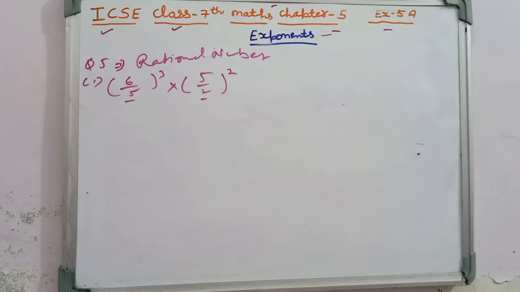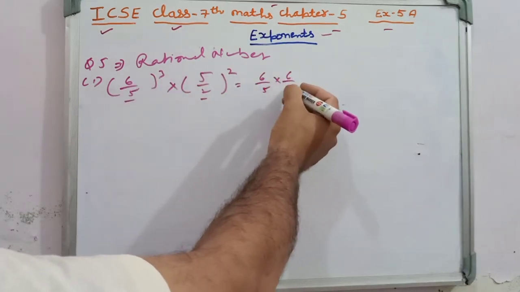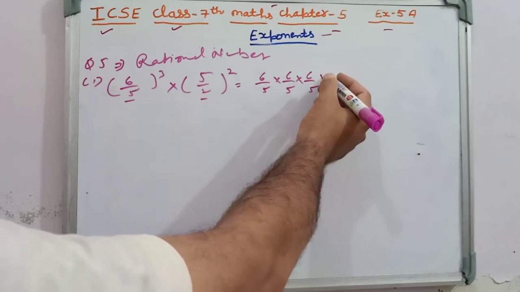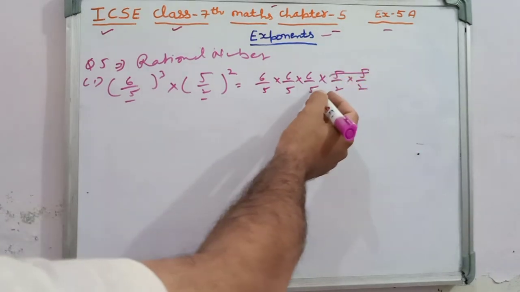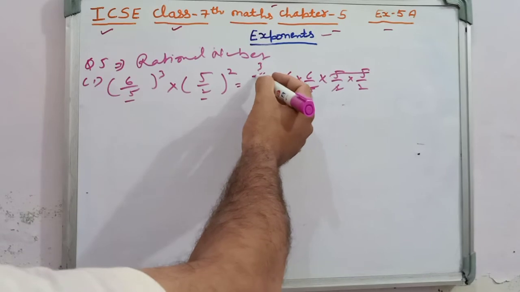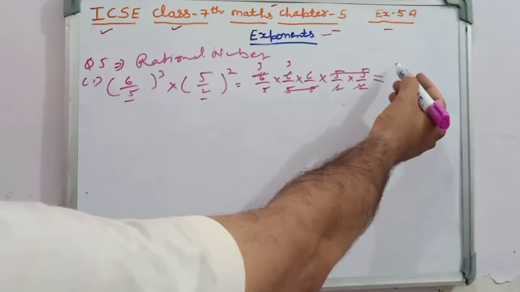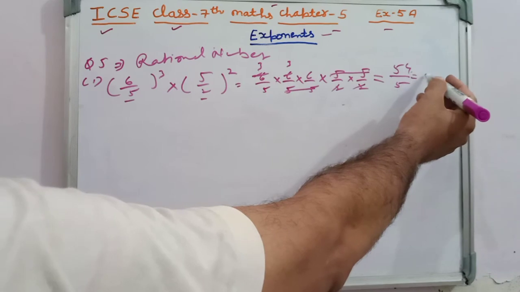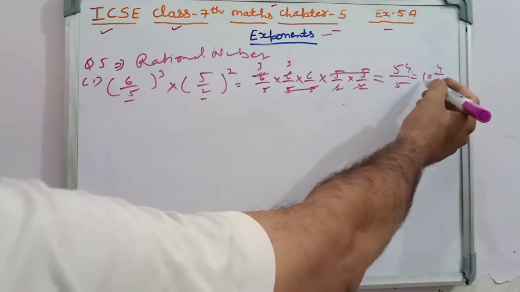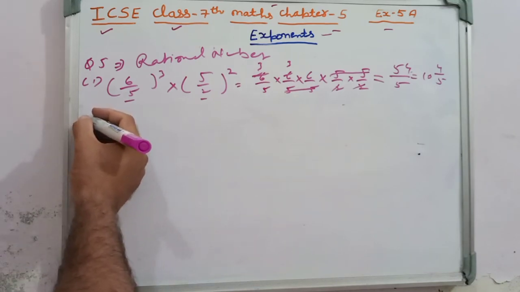If we have bases different, we have to solve this: 6 upon 5 multiplied 6 upon 5, 6 upon 5 multiplied 5 upon 2, 5 upon 2. Now we can cancel these two, 2 3 ja, 2 3 ja. So answer 6 3 ja 18, 3 ja 54 upon 5. Or we can write 10 4 upon 5, 5 times 10 is 50 plus 4, 54. This is your first.